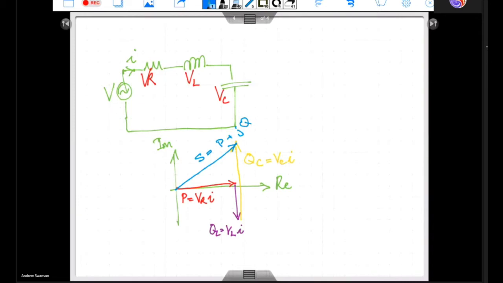They're in opposite directions. So under certain cases, if they're going to cancel each other out, then your apparent power is equal to your real power.